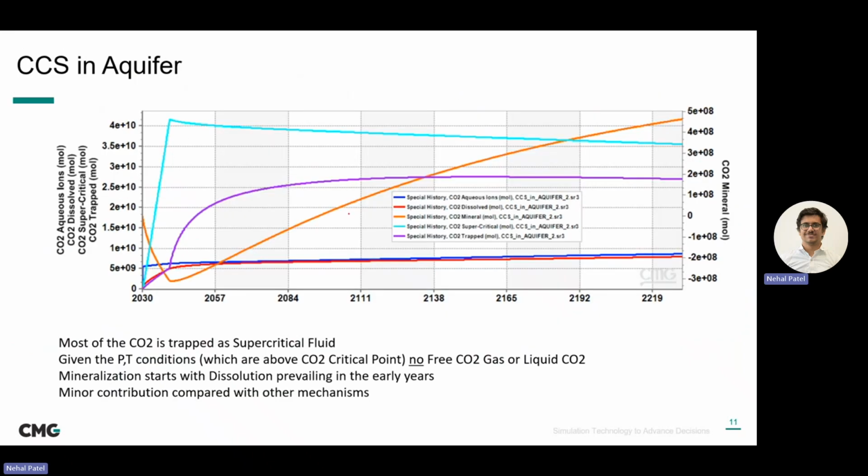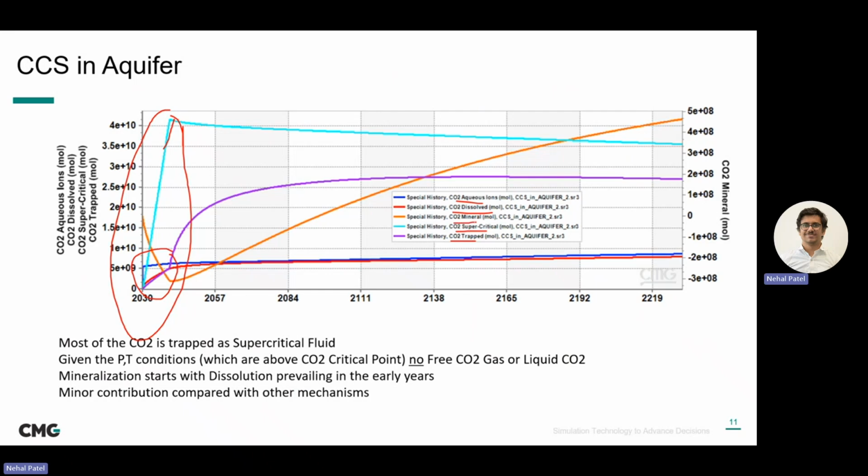This is again the 2D plot of different forms of CO2. Here we can see that with time the highest amount of CO2 is being stored as CO2 in supercritical form, this line, and during our injection period it increased quite significantly. For all other kinds of CO2 storage, like CO2 trapped, CO2 dissolved or CO2 in aqueous ion, we see that those increase during injection, and then they keep increasing a bit as the CO2 plume migrates in the reservoir.